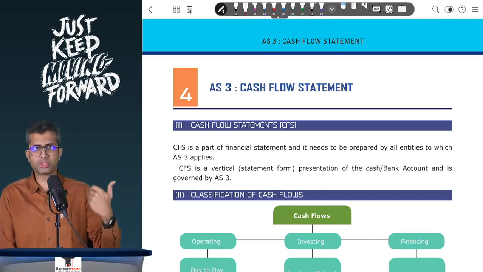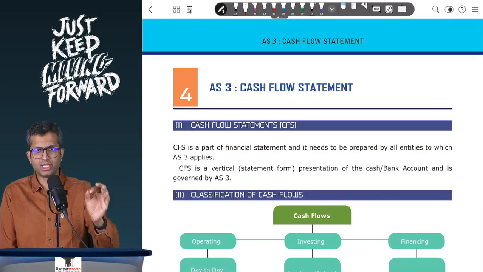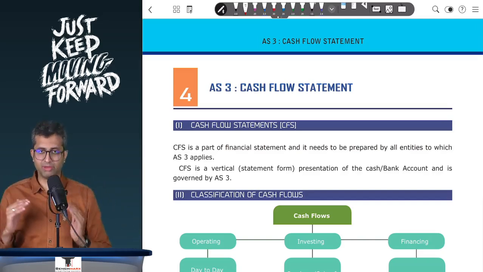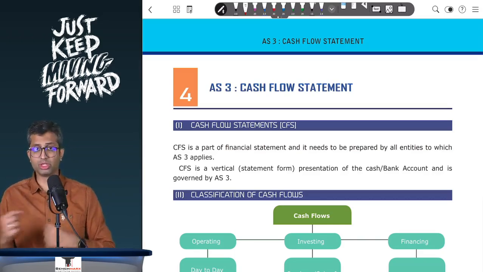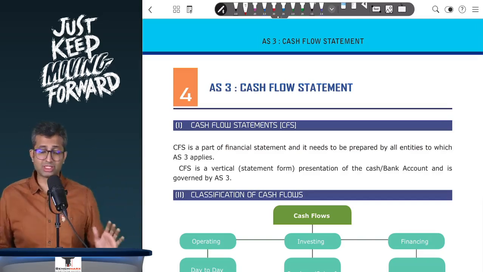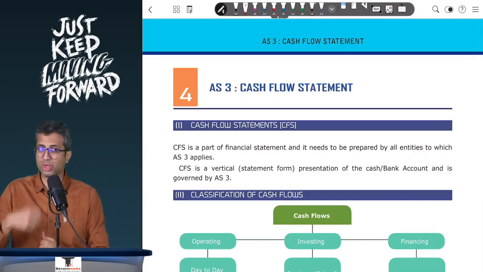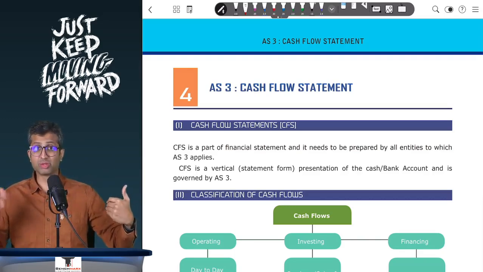However, when you invest in a debenture, a bond, a government security, then that is fairly a stable value and hence it can be a cash equivalent provided it is very short term. The very short term over here is defined as 3 months from the date of acquisition, not 3 months from the balance sheet date. It should be 3 months from the acquisition date whenever you acquire. Like for example, you acquire on 1st February and it is maturing by 15th of April.